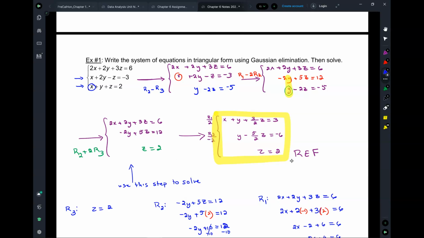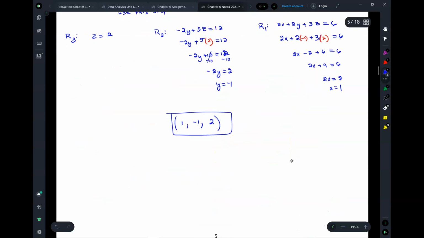Here I have 3 planes, and we're trying to figure out where those 3 planes meet. 3 planes can meet at one point, at a corner. Like if you take a look here, that wall is one plane, this wall is another plane, and the ceiling is another plane. These 3 meet at that one corner over there. Those are the coordinates of where those 3 planes meet. That's why it's a coordinate point.